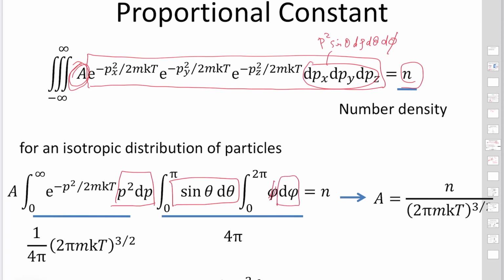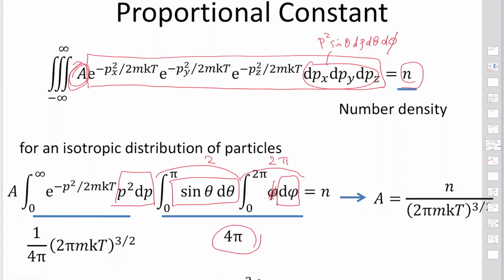Okay. Then the last part becomes 2 pi. This part you can integrate, and it becomes 2. So multiplying these last parts, it becomes 4 pi.